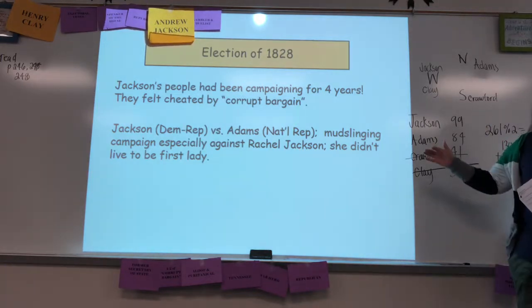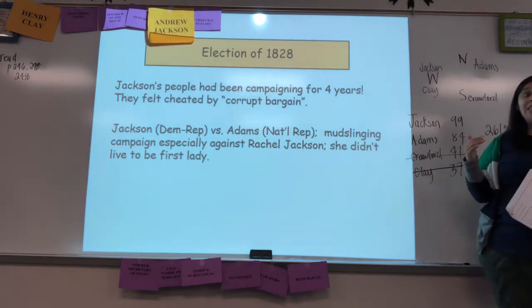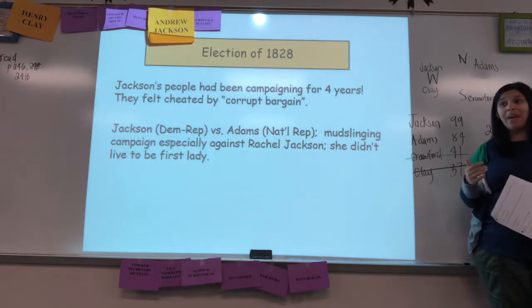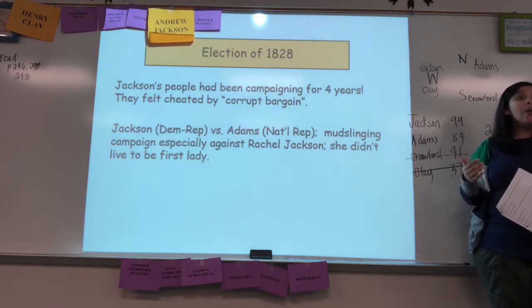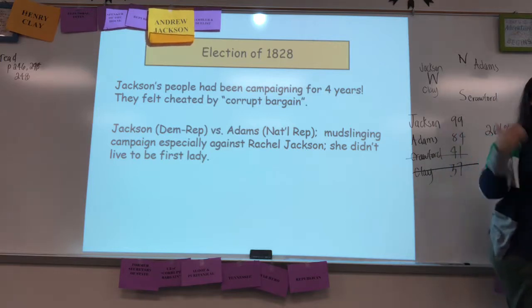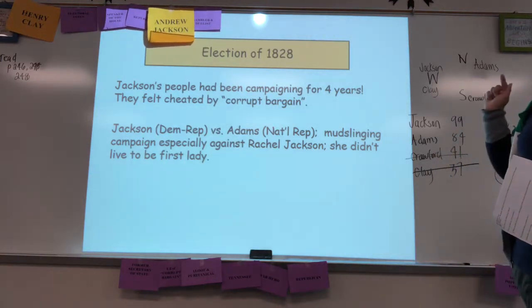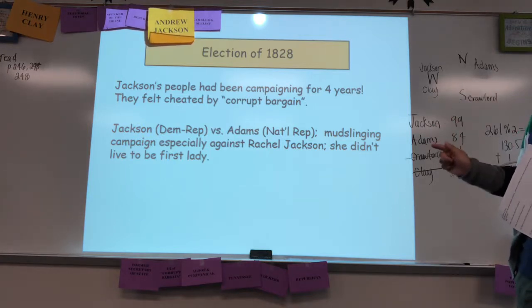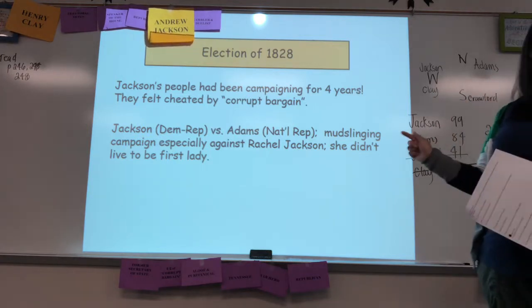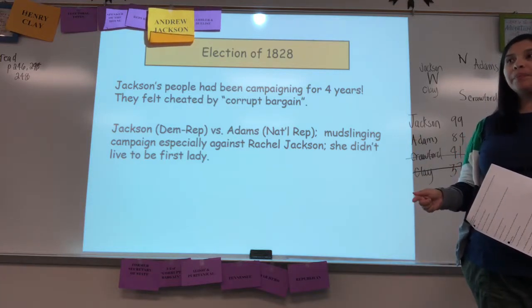So now Jackson, how does he feel in this campaign? He's sad, but do you think he's going to sit there, boo-hoo, I'm sad, my wife has died? No, he's going to get what? Revenge. Angry, revenge. And who does he want to take it out on? And he is going to campaign so hard because he has just lost his wife because of all the mudslinging.